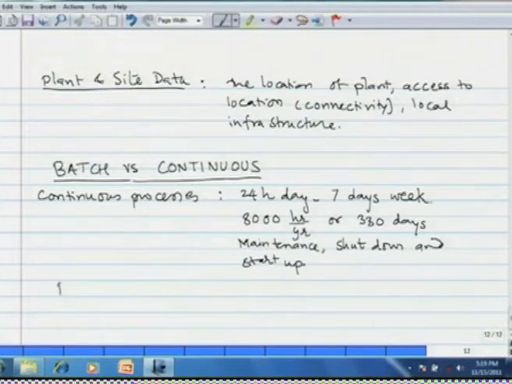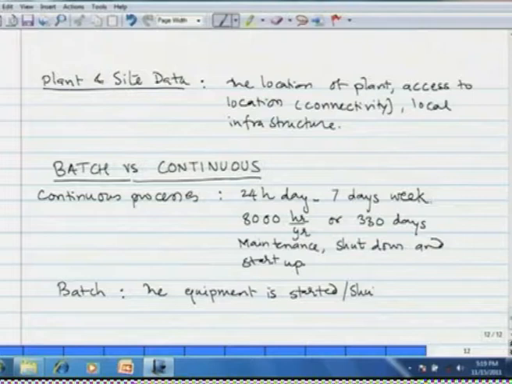Now, batch processes are where the equipment is started and shut down very frequently. The production is small.